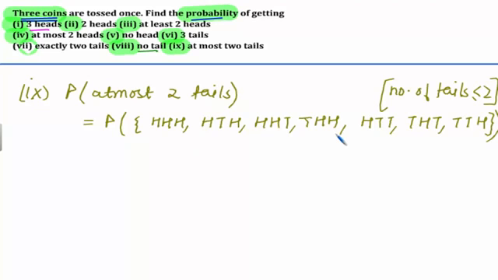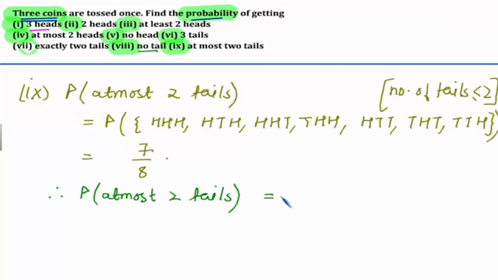So for all these outcomes, the number of tails is less than or equal to 2. So the number of favorable outcomes to this event is 7 and the total number of outcomes is 8. Therefore, the answer to the last part is that the probability that at most 2 tails are there is 7 upon 8. This completes the solution.